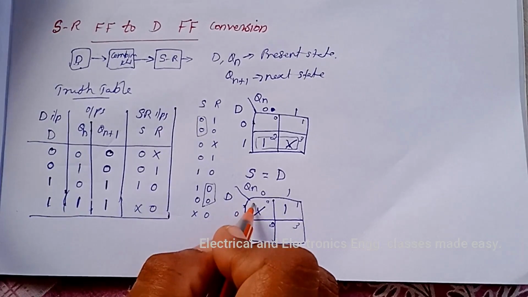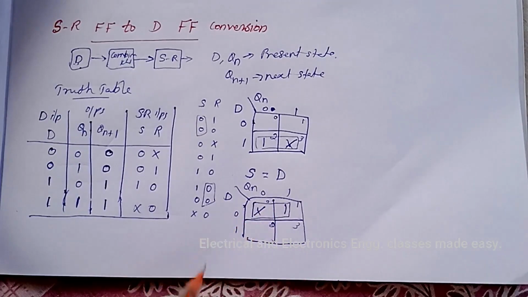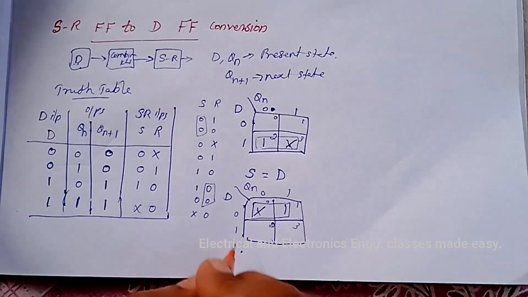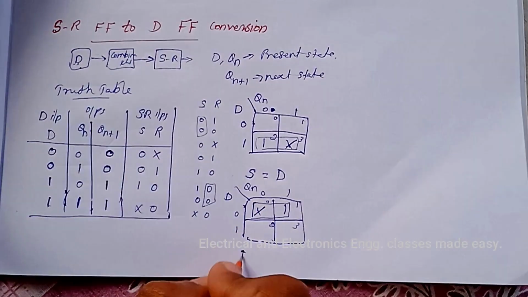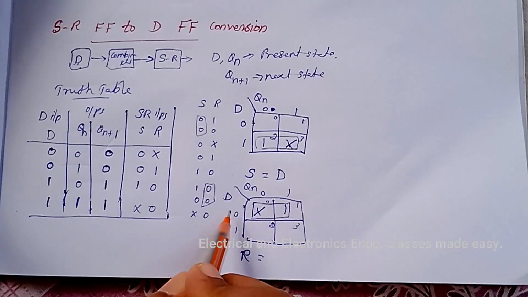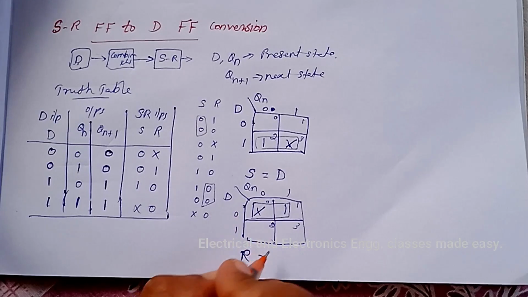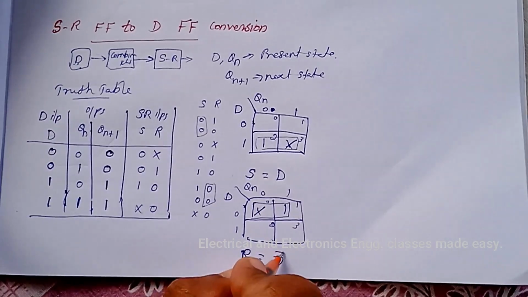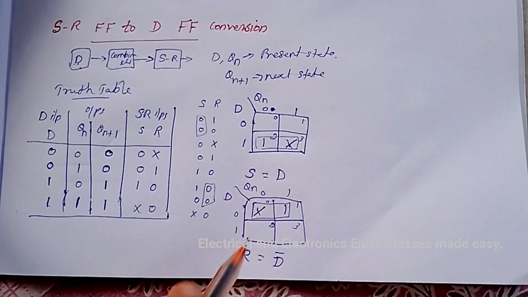So here also we can combine these two squares, and here it is the design for R. R is equal to D bar. So here S equal to D and R is equal to D bar.